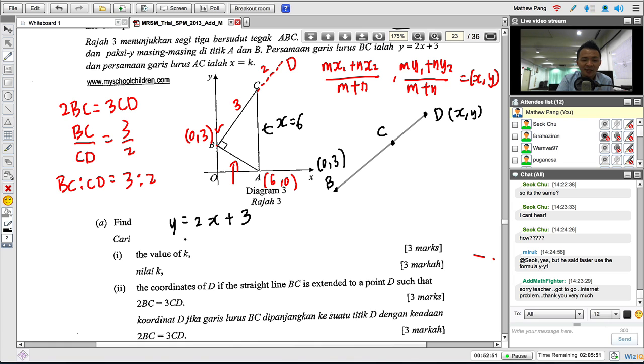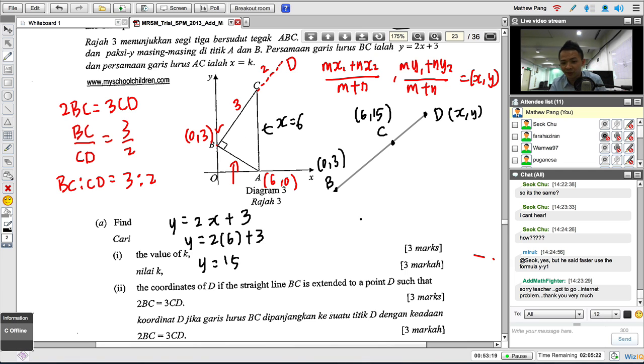When my x is 6, I get 2 times 6 plus 3. So I can know my y easily. My y is 12 plus 3, which is 15. So my x is 6, y is 15, so this is called 6, 15. Alright, this is how I get the coordinate C. If you want to get the coordinate C, you can easily substitute back into the equation, but you must know the x value. Since this line is x equals 6, it's simple.